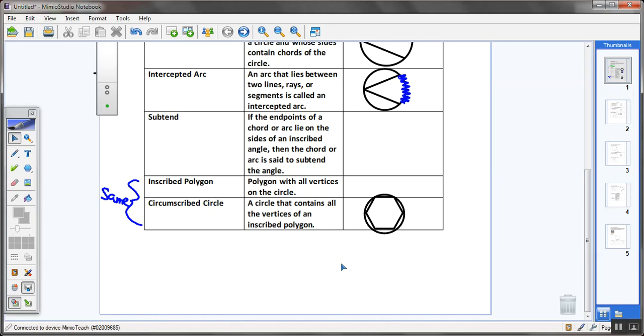Yes. So we've got a bunch of inscribed angles in this when we have an inscribed polygon. That's what's going on there.